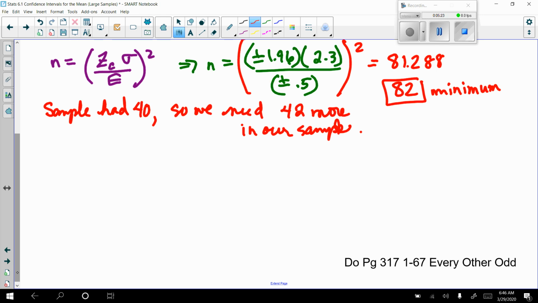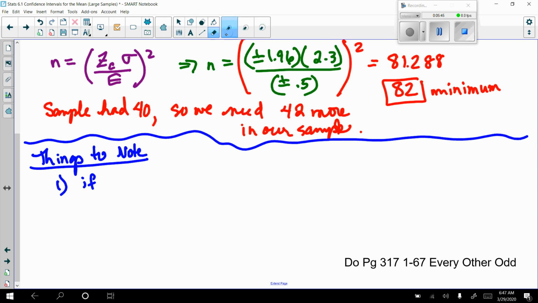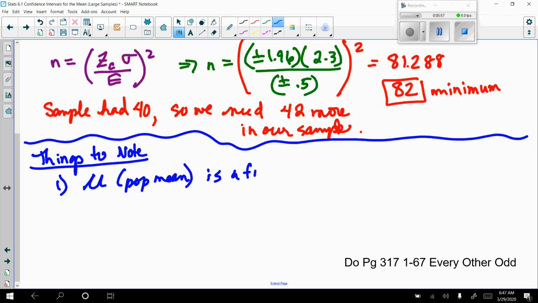Things that you have to take note of for this section, okay? Not if. Mu, our population mean, is a fixed number.